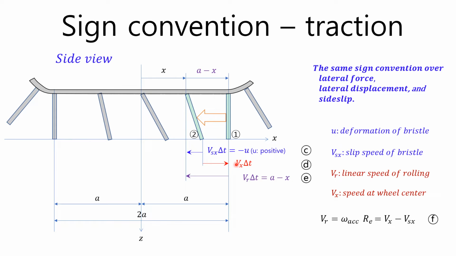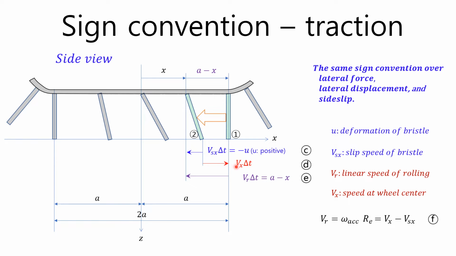Subtracting the bristle base velocity Vr from the wheel center velocity Vx is the slip velocity of the bristle Vsx, which is a negative value.